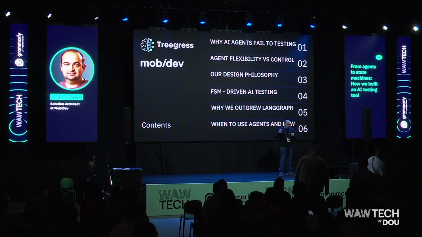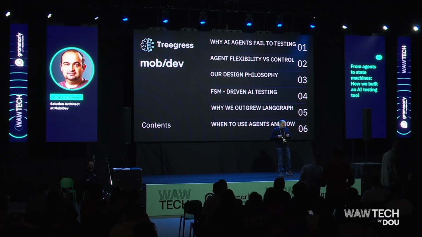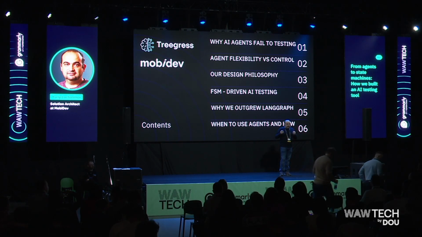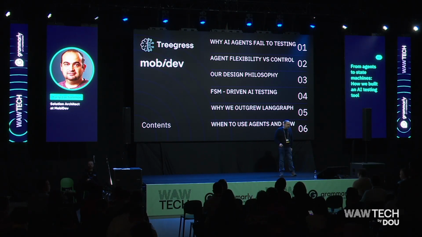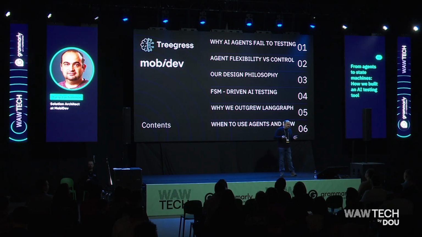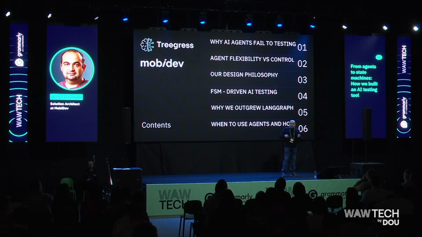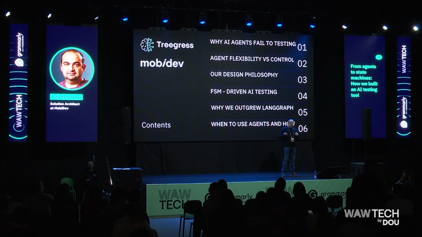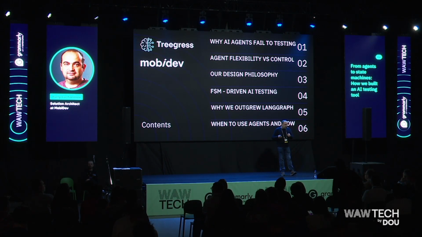Next, we will discuss why a state machine as the driver of our AI testing could help us cover the whole requirements for regression testing or other types of testing.